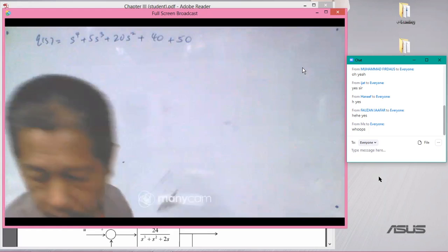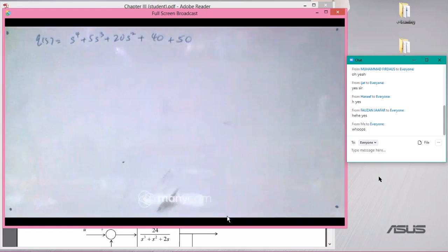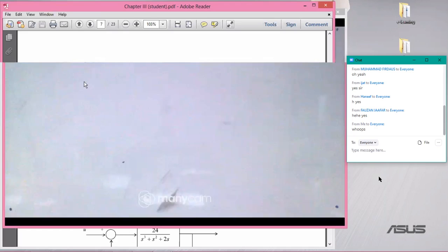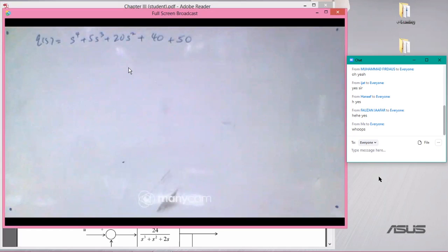Let me double check whether it is correct. S to the power 4, 5s cubed, 20, 40, and 50. Okay, since this is a fourth order polynomial, you're going to start your Routh table at s to the power 4.